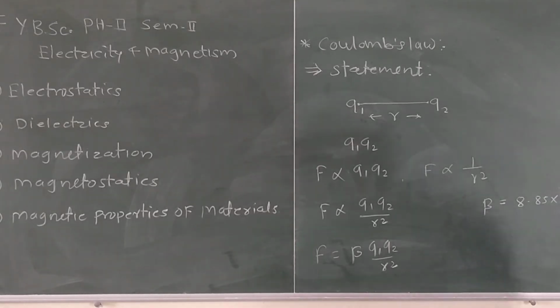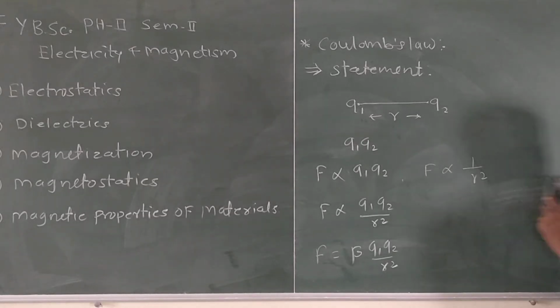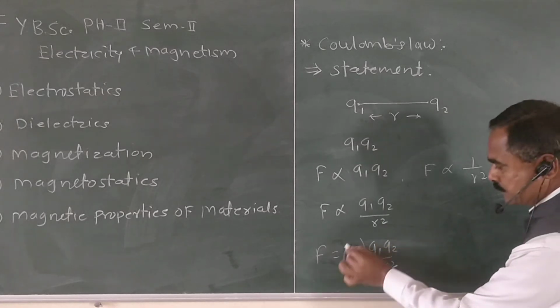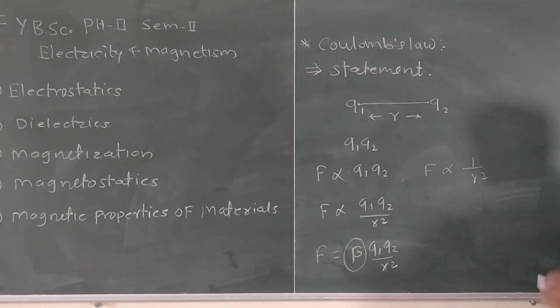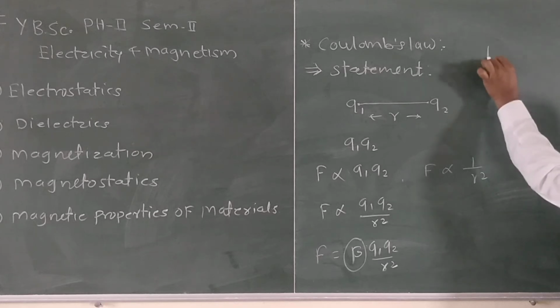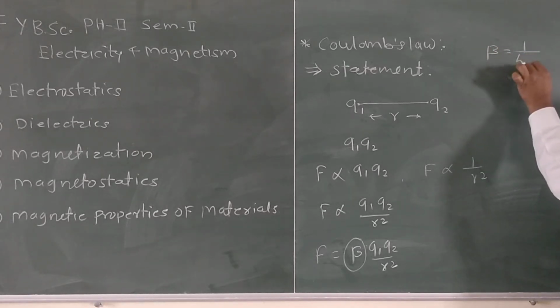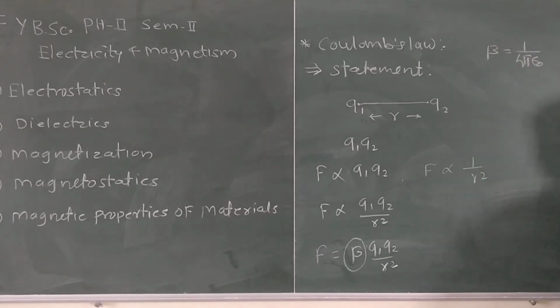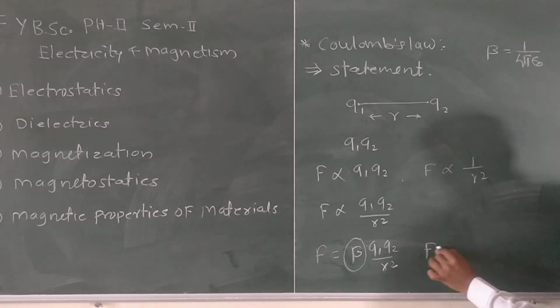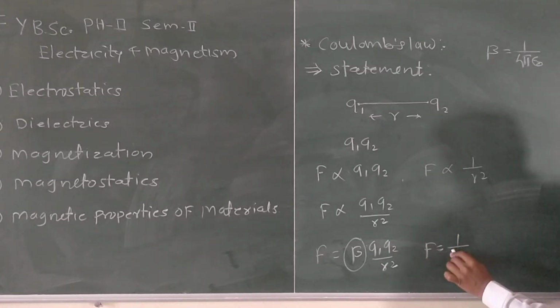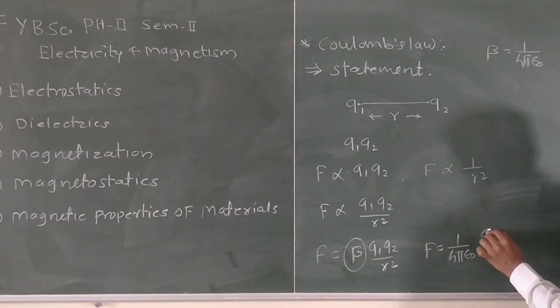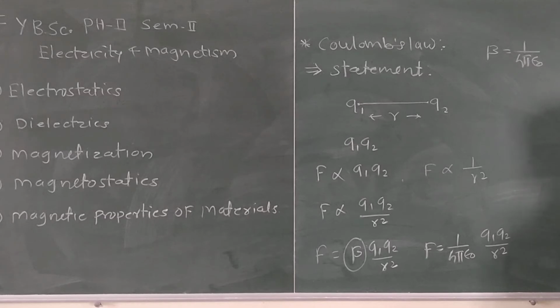So further we write the value of beta. Right? So we write here beta equal to 1 upon 4 pi epsilon naught. Then this equation, that means the force, becomes F equal to 1 upon 4 pi epsilon naught Q1 Q2 upon r square.